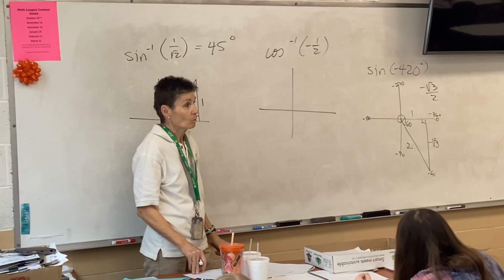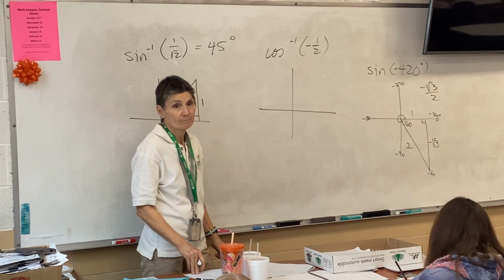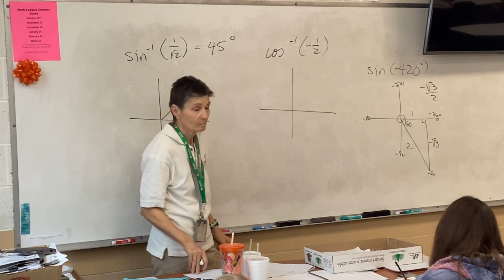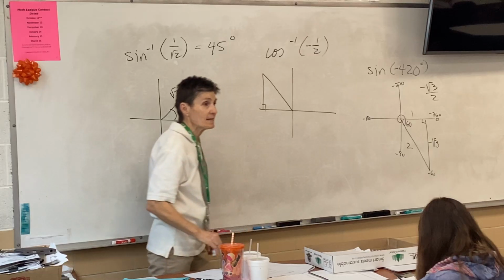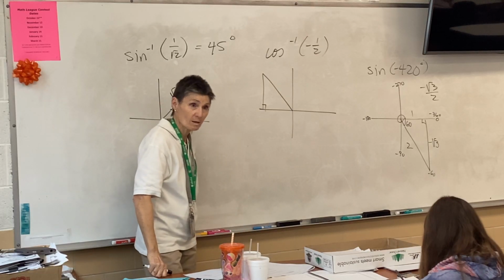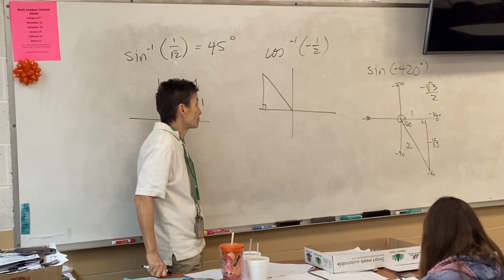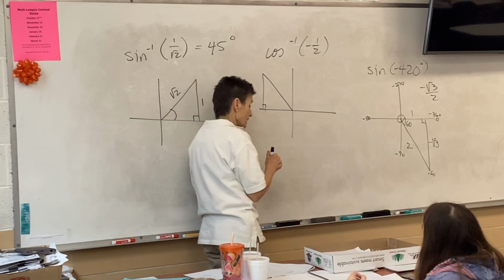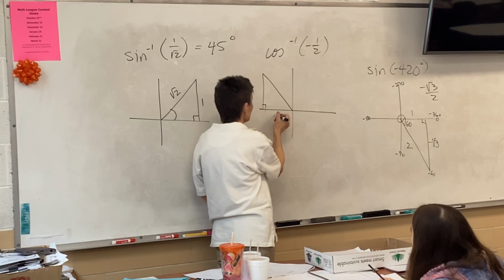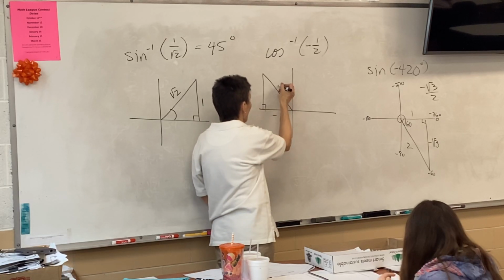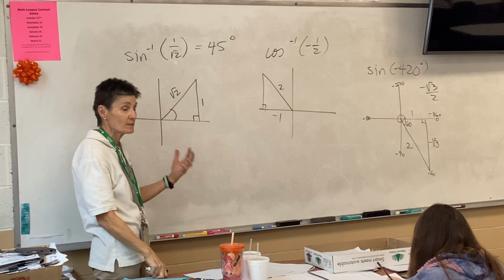Which quadrant is the inverse cosine negative? Quadrant 2. Julia says 2 and she's right. Sine and tangent negative are in 4. Cosine's in 2. So negative 1 over 2, that is my adjacent over hypotenuse, that's my cosine.